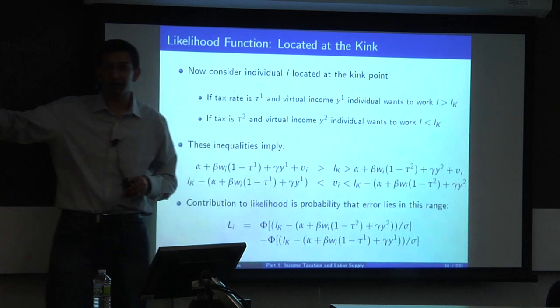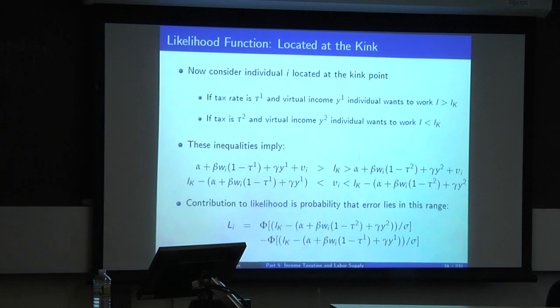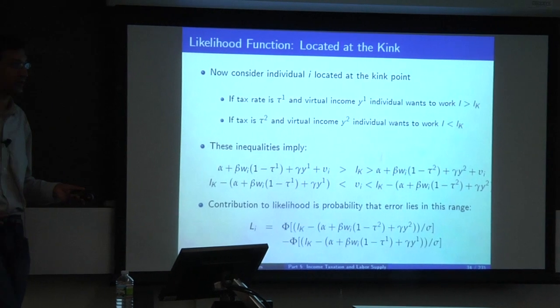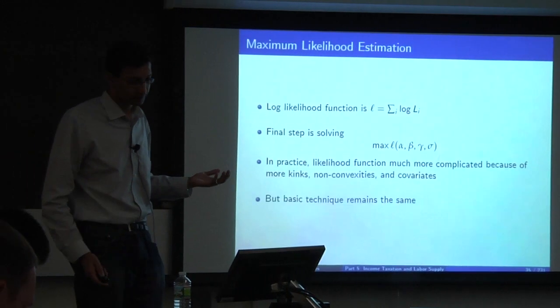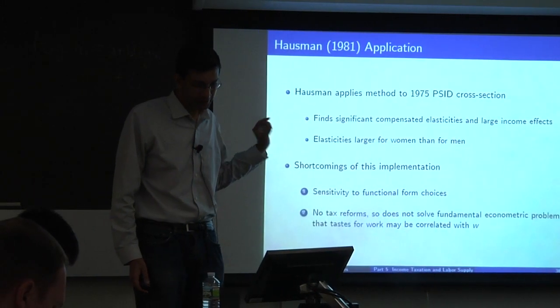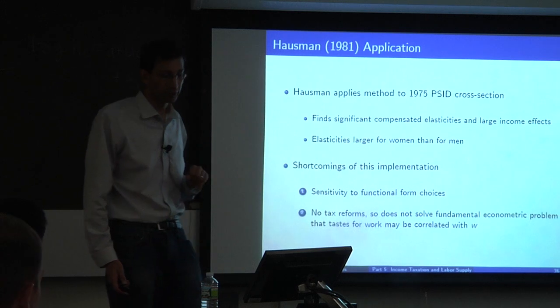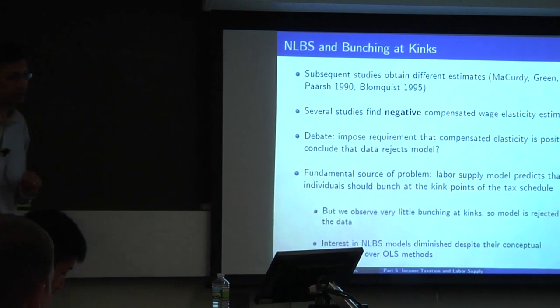People who have very high wage rates did not randomly end up with high wage rates. They were probably really motivated, got a lot of education or whatever, and have a high taste for work as a result. So then you're going to get it totally wrong, because you don't have an orthogonality condition to identify this. And that, I think, is the problem that the bunching approach addresses head on.